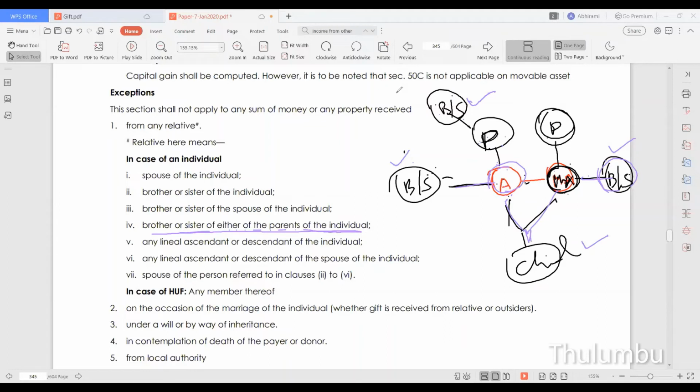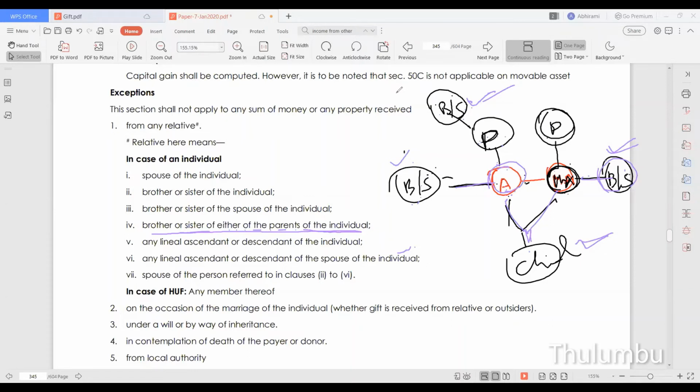After that, the spouses of all these people, their wives, are also relatives. For example, if your father has a younger brother, he is a relative, and his wife, your aunt, is your relative. So the wives of these people and of the children are all considered relatives. The relative definition is important because they may give you a gift like the uncle of a spouse.